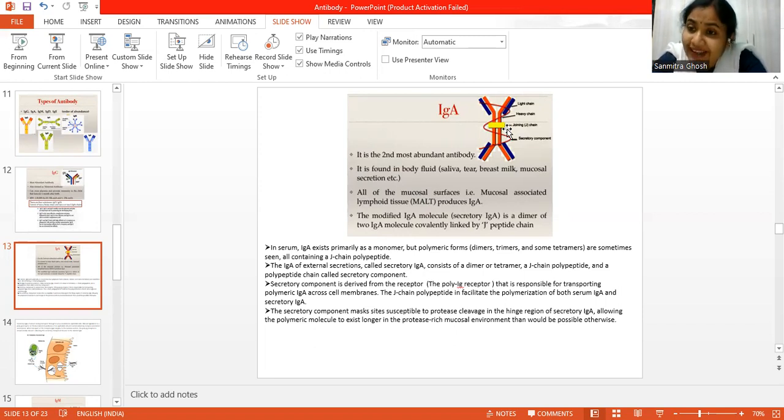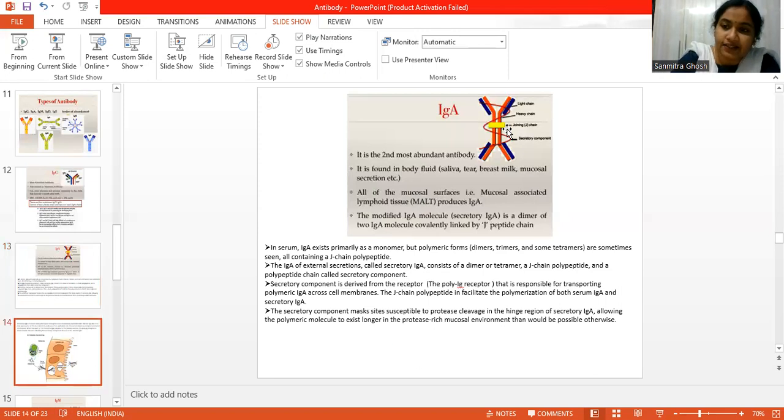So to prevent the conversion of the functional antibody to a non-functional one, this secretory component actually masks those particular regions of the Fc region where those protease recognition sites may be present. And as they are masked by this secretory component, the protease cannot cleave over there, and so the antibody remains in the functionally active form and they are secreted.